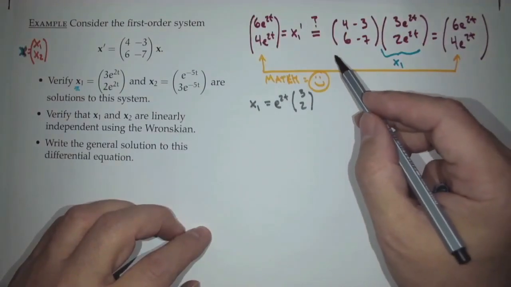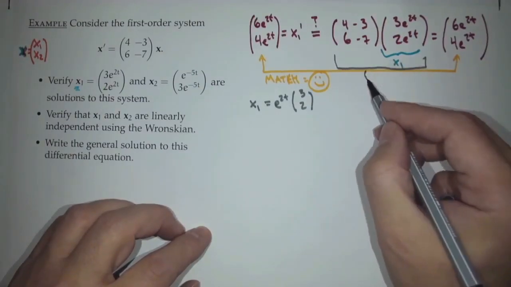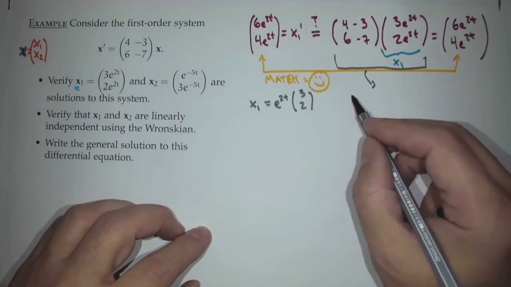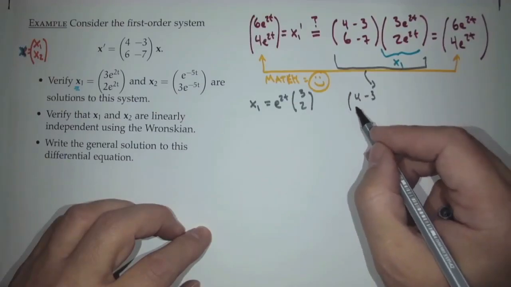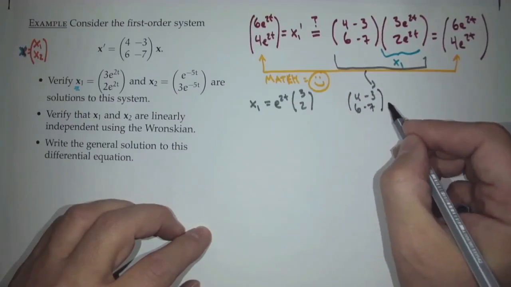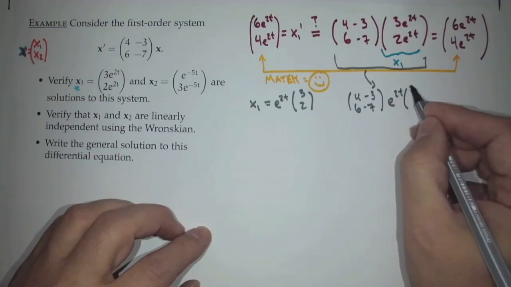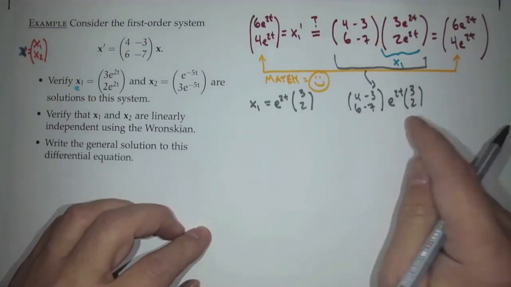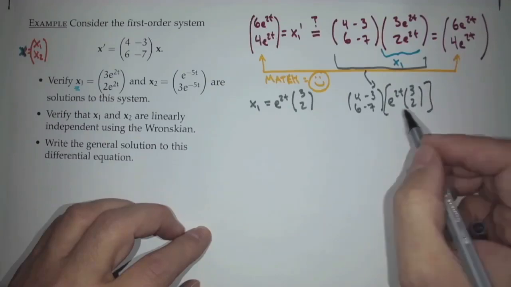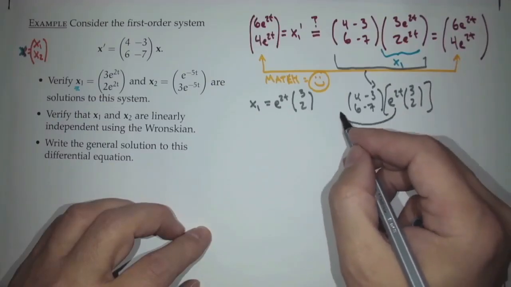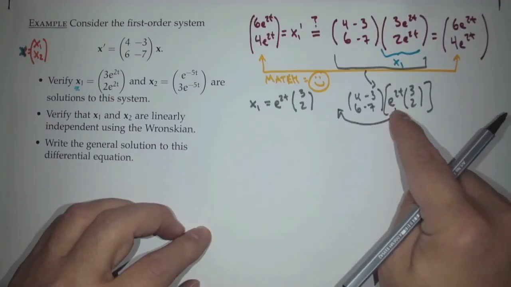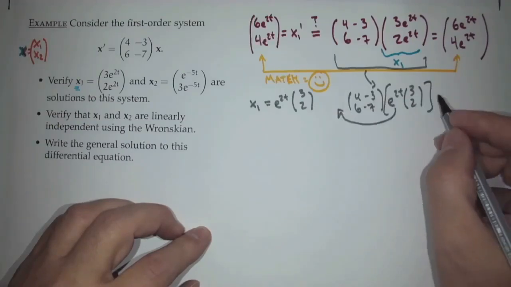For instance, our computation here could have been written as 4 minus 3, 6 minus 7, e to the 2t, 3, 2, because I'm just writing what x1 is. And then just say, well, look, that scalar can come out in front.